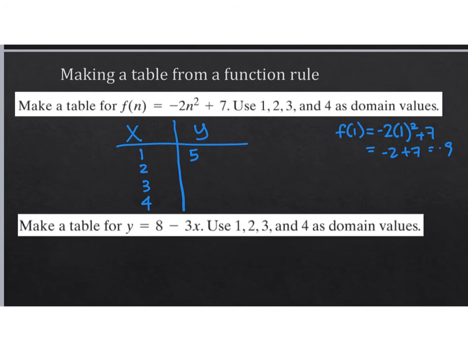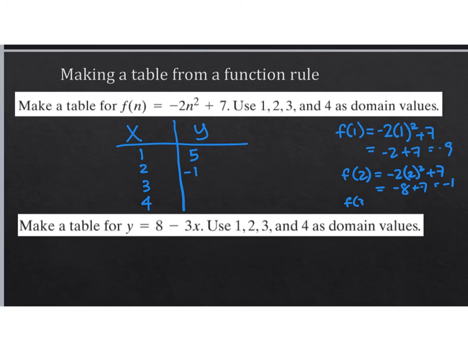So when I plug in a 1, I end up with a positive 5. If I evaluate f of 2, I have negative 2 times 2 squared plus 7. 2 squared is 4 times a negative 2, so I have negative 8 plus 7, which gives me a negative 1.